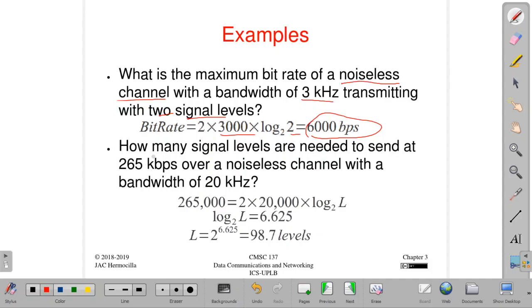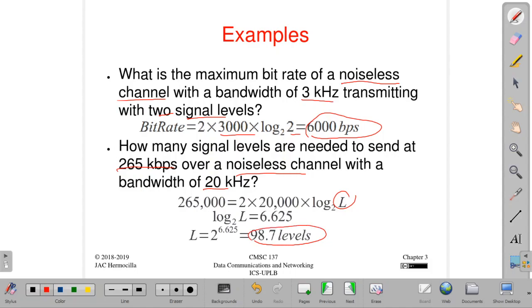Second problem, how many signal levels are needed to send at 265 kbps over a noiseless channel with a bandwidth of 20 kilohertz? So we are asked to find the value of L. So by plugging in the given values, we're going to get this number of levels.